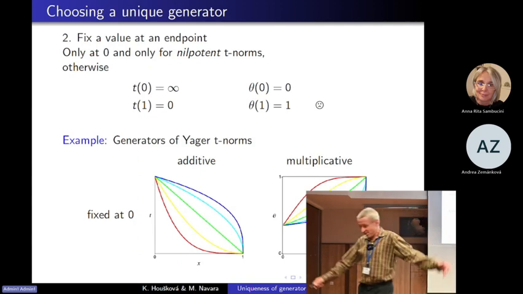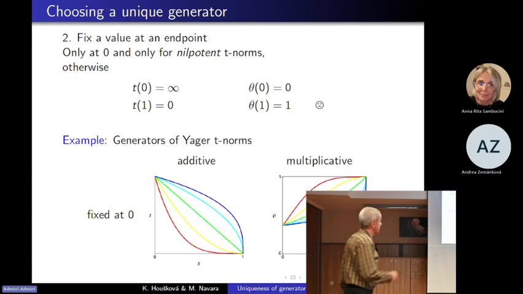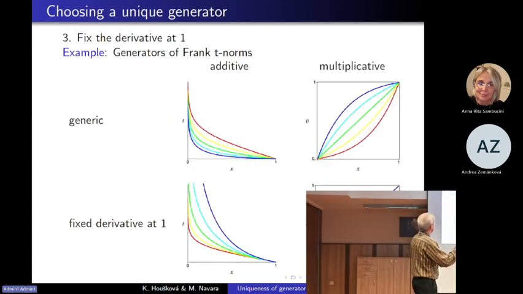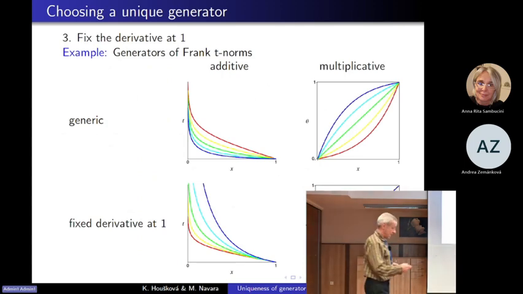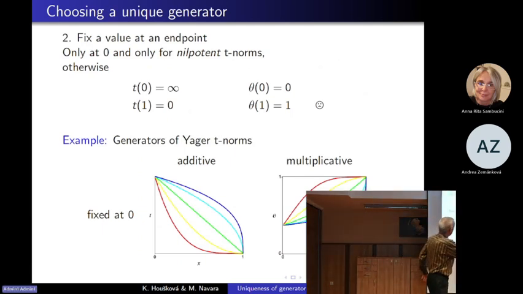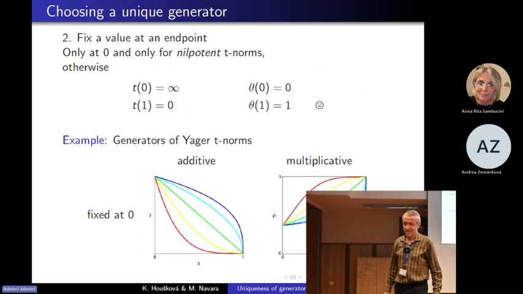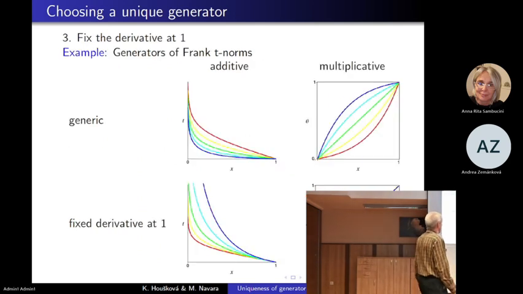So for nilpotent t-norms, we have some reasonably satisfactory answer, but for the strict ones, it failed. You may say, let's fix it at the other end. No help, because these are already fixed and known. It doesn't say anything. So let's go on.